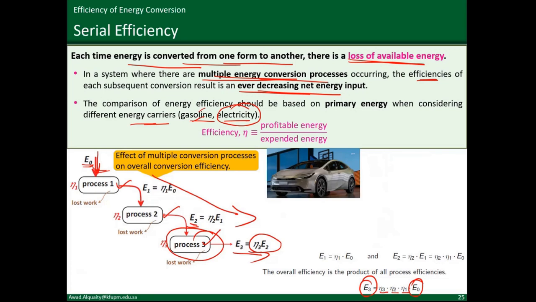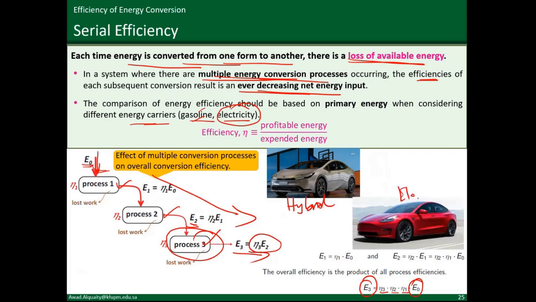So let's say you want to compare which transportation makes more sense in terms of reducing your overall energy use and overall emissions. So let's say you want to compare a hybrid car versus an electric car, and you want to see which one would make sense if you were to buy one tomorrow.